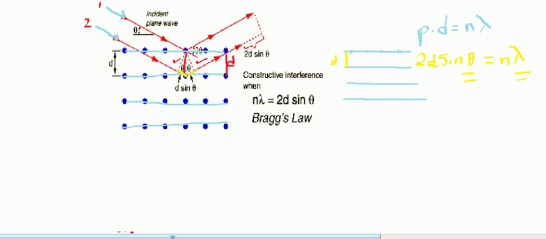There is a very interesting application of this formula. If the lambda of the X-ray is known, and theta, the angle at which you are incident the X-ray, is known to you, then looking at the interference pattern, they were actually able to calculate the distance d between the planes.